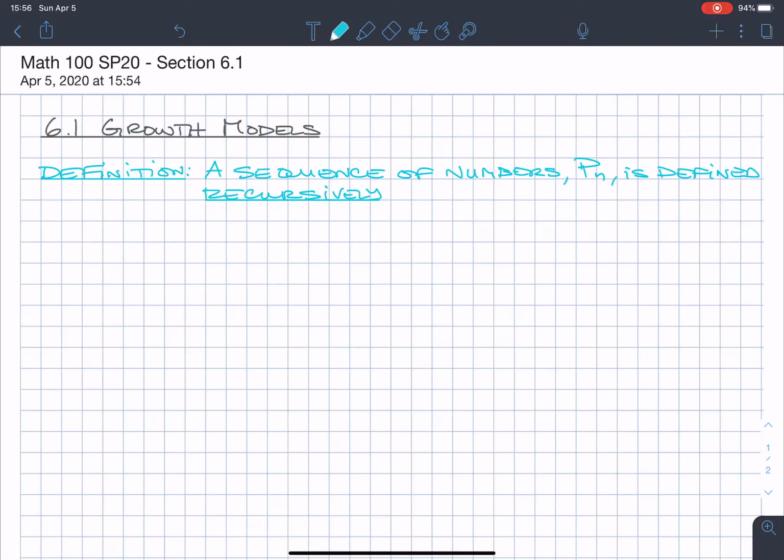If each number in the sequence is defined with respect to previous terms.